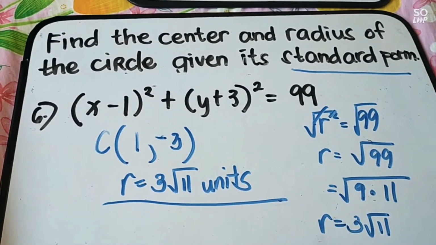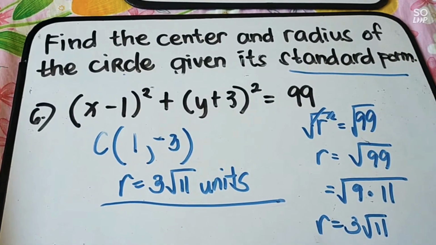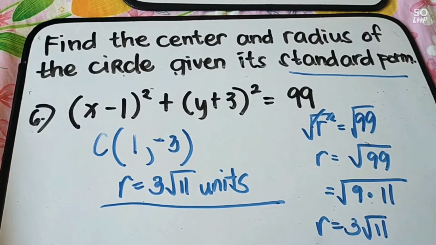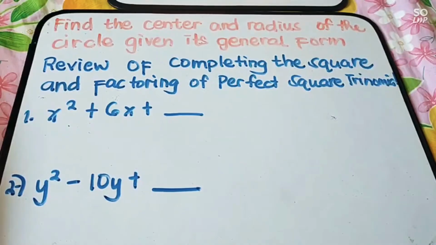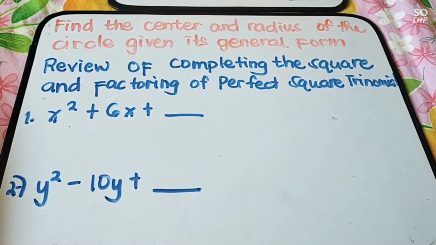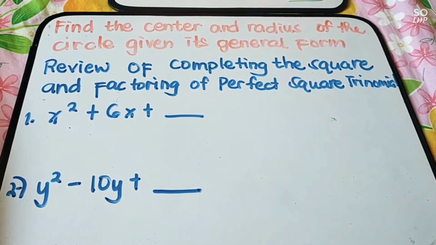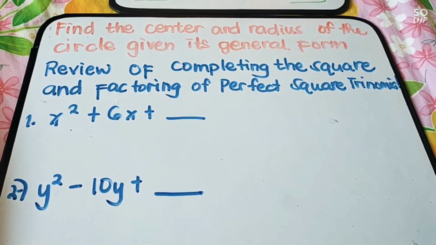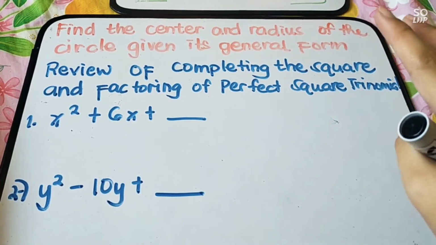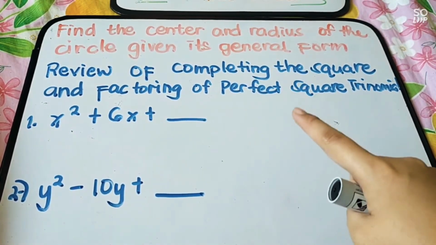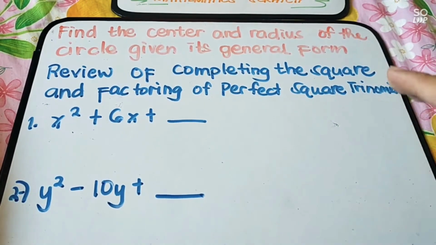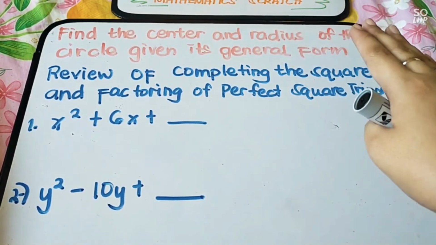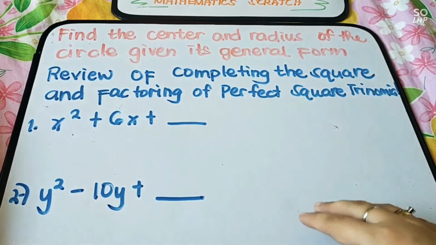Let's move to letter B, where the given is in the general form. Find the center and radius of the circle given its general form. Before we have that, let us have a review of completing the square and factoring of perfect square trinomial. This is what we will apply to get the center and radius from the general form.